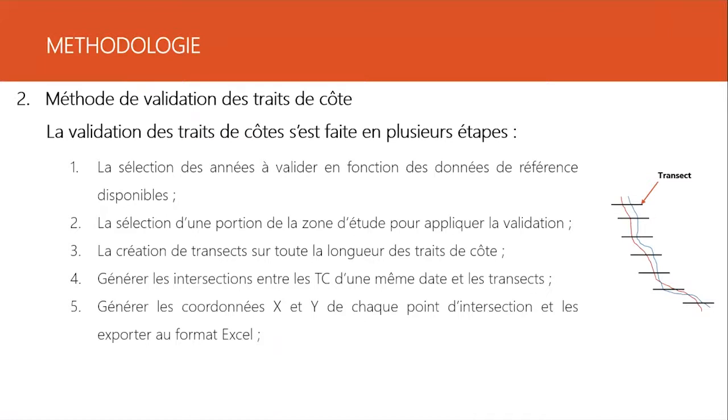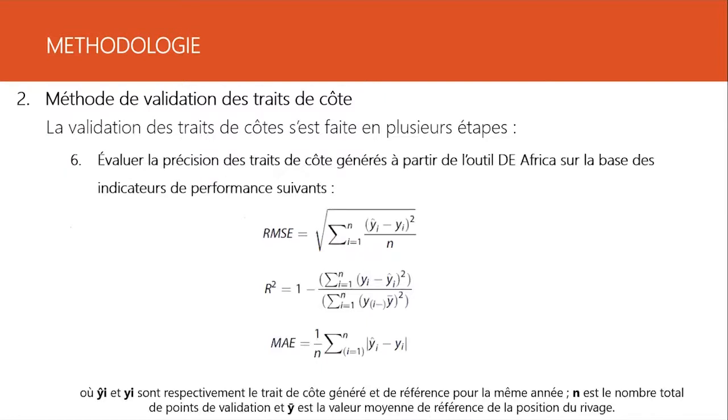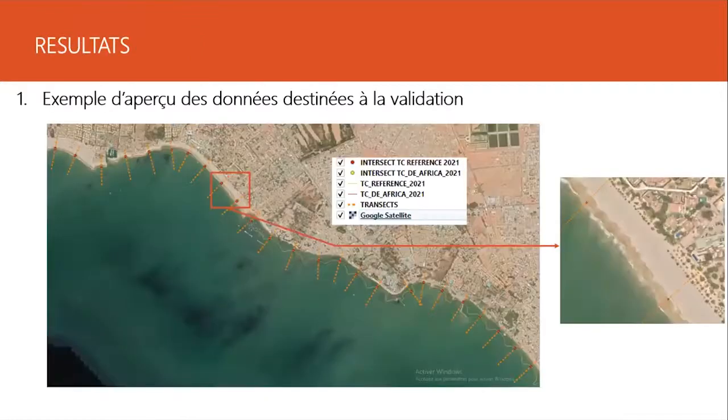And the idea was to run some statistics, especially the root mean square error, to compare what is the error or what is the shift compared to the validation data sets.